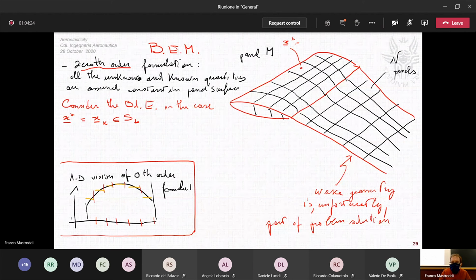is equal to sk point, and k is an integer number from 1 to m, and this point is a panel centroid.